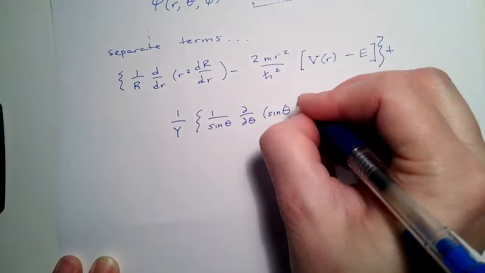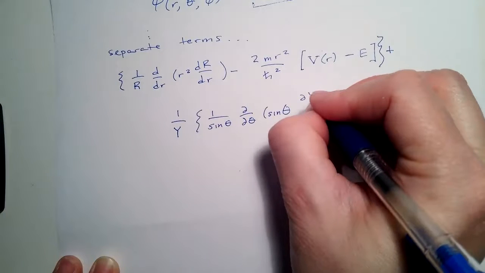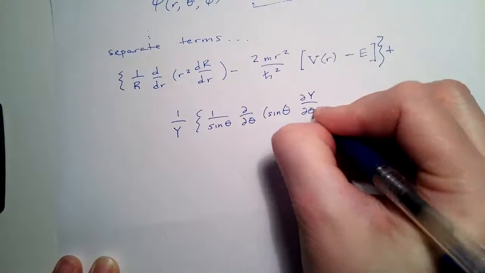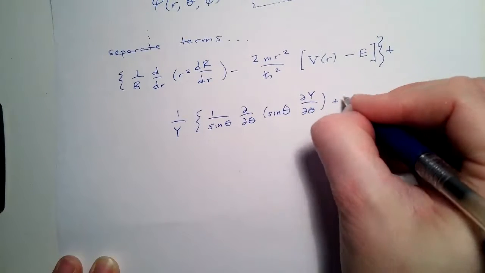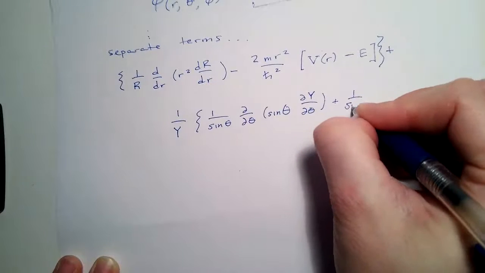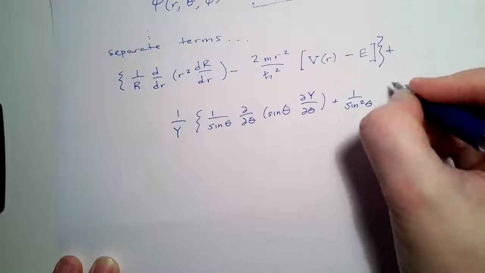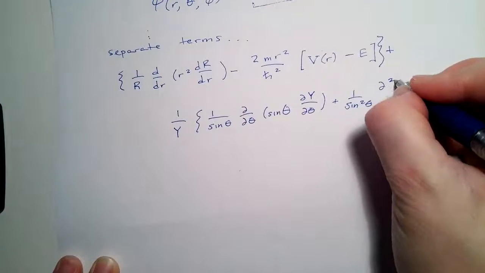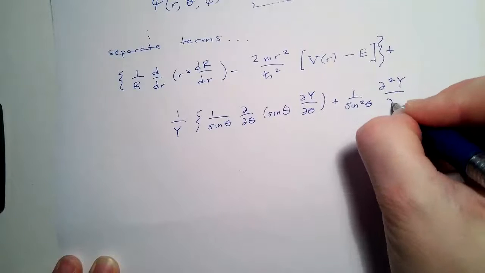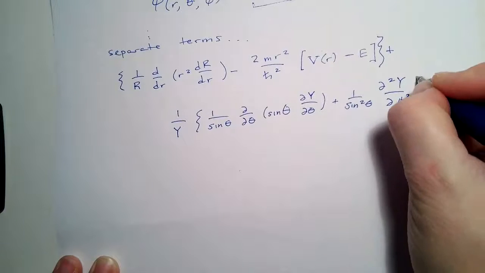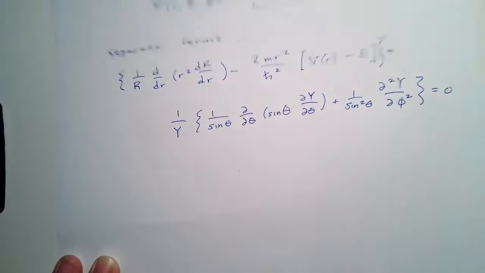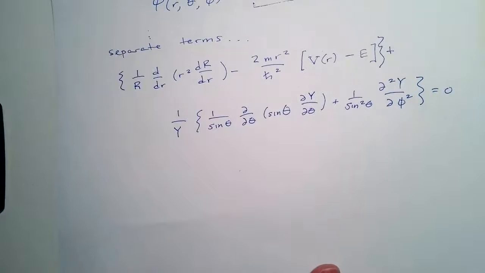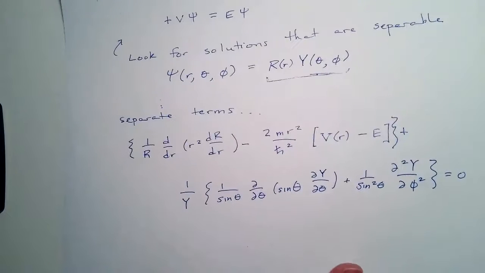I am leaving the derivatives as partial derivatives since we have both theta and phi in our angular part of the equation. All right, so that is a very long equation, 2 lines worth of it, but we've separated things into a radial and an angular part.